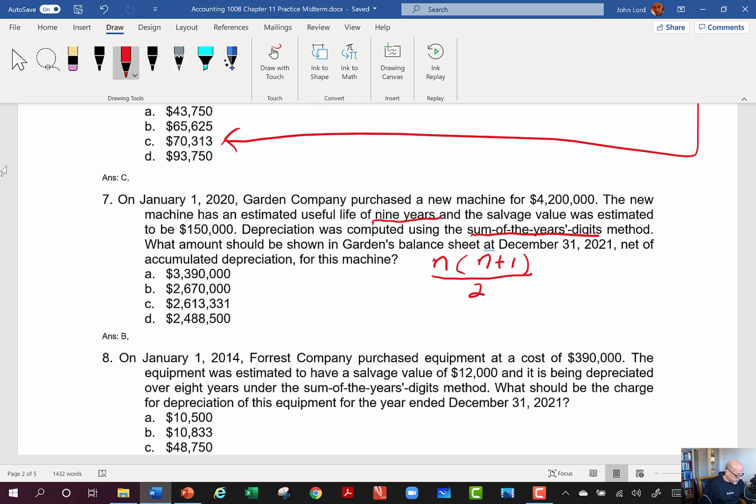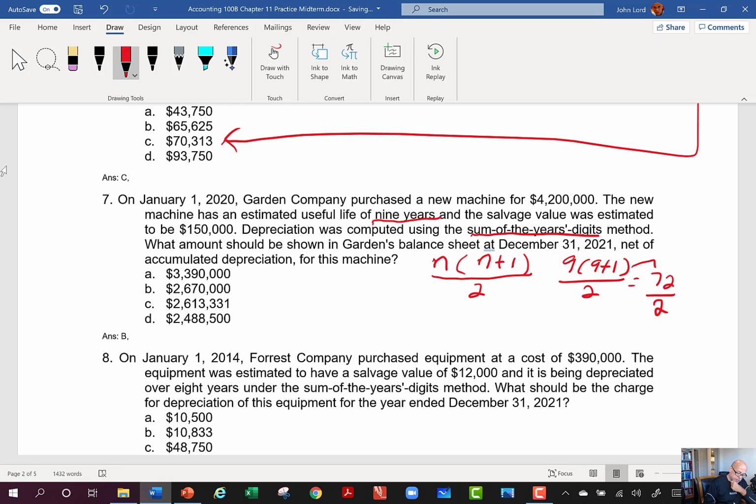Okay, so since they're telling me that this truck or some machine has a 9-year life, now I can plug in the numbers. 9 is the n, 9 plus 1, divided by 2. The numerator gives me 72, and then the denominator, of course, using the formula is 2.